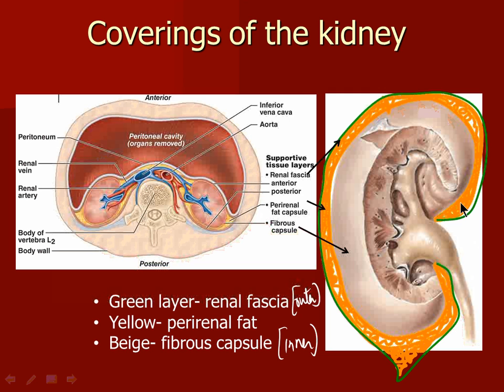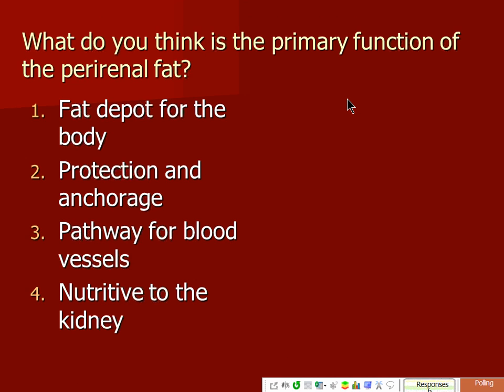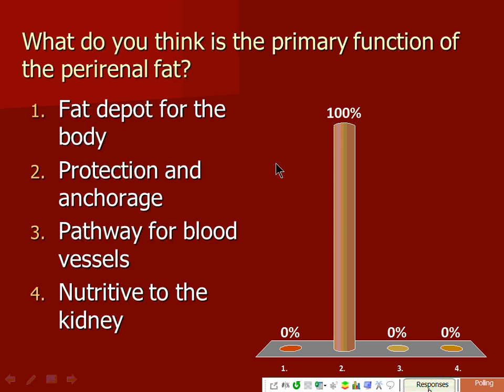Now, think of why you would need this fat layer. What do you think is the primary function of that perirenal fat? Very good. Yes, it's for protection and anchorage. All organs usually have a lot of fat there to keep them in place and to protect them, right?